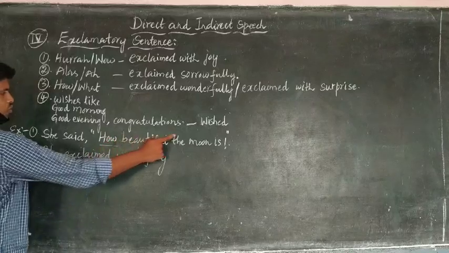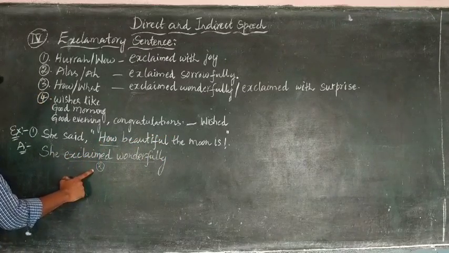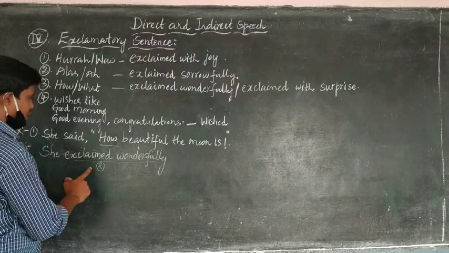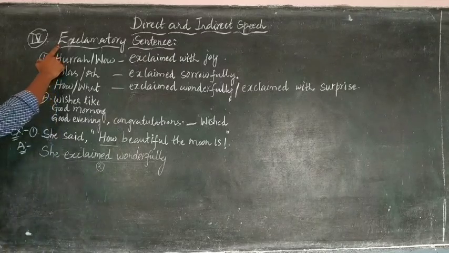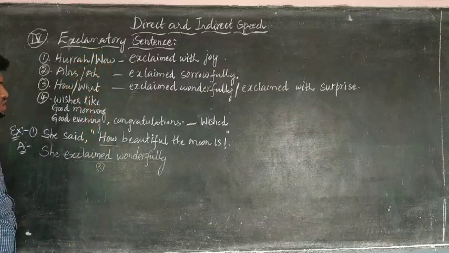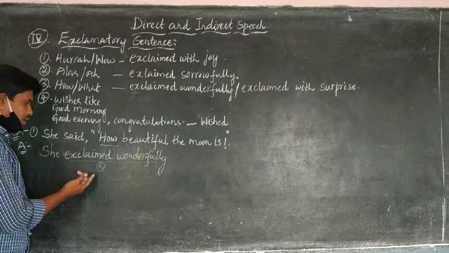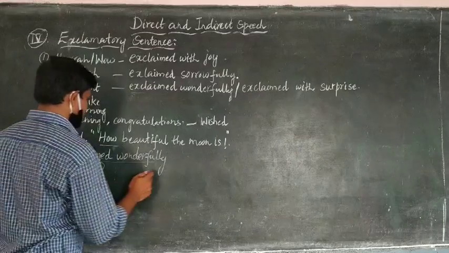Means first one we have found out the sentence. Next the reporting part we have changed. Okay. Next, what shall we use in the exclamatory sentences? The connecting word. What will come here? That will come. Okay.